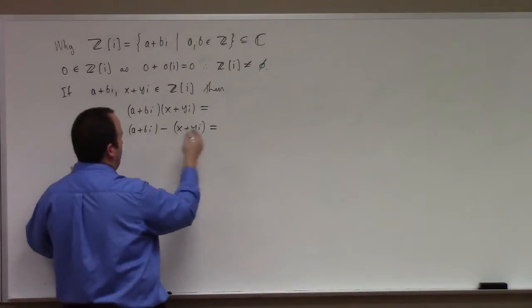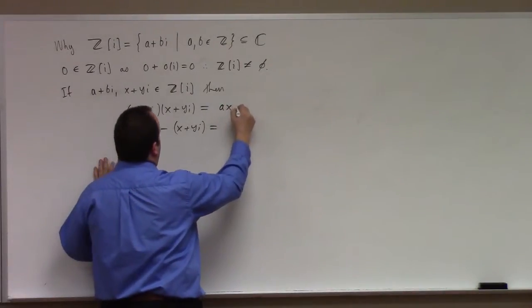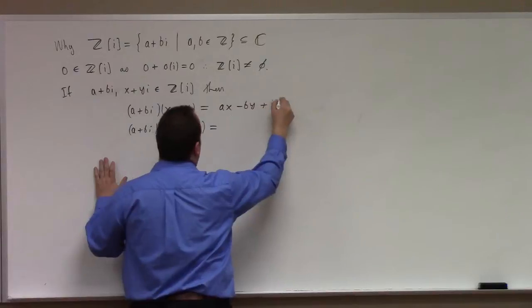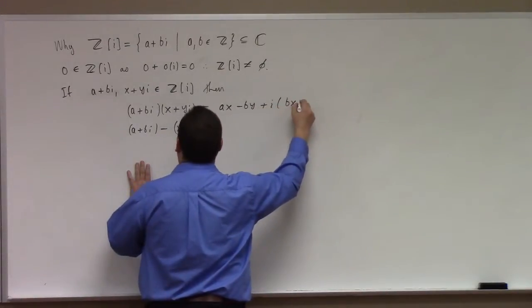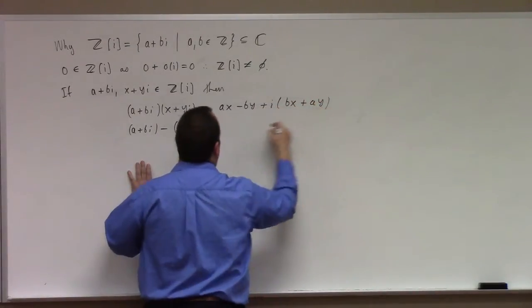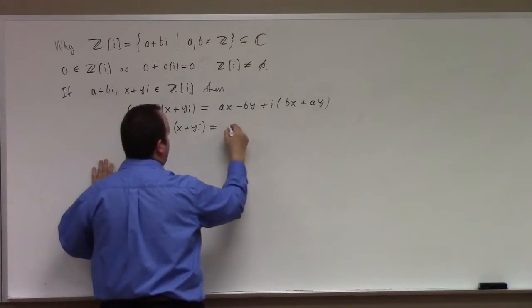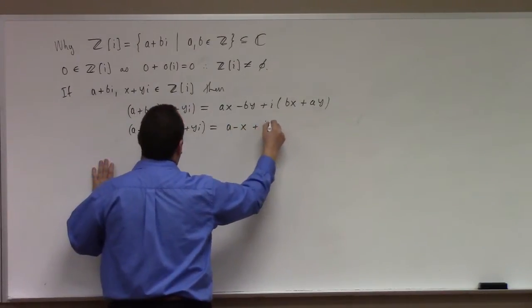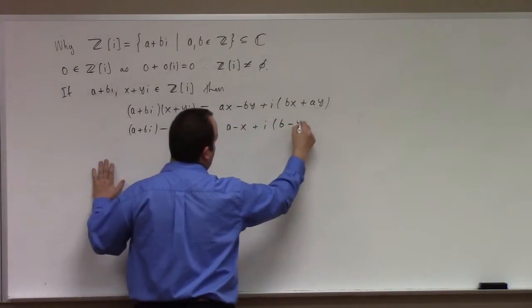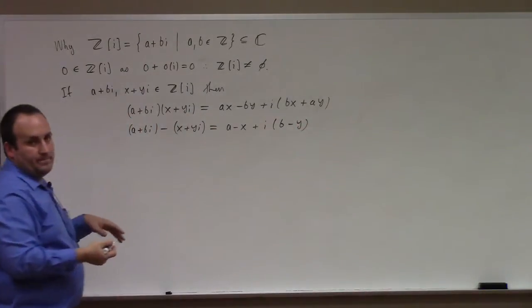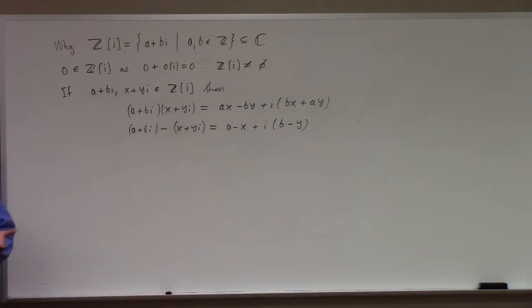Let's calculate. So we get ax minus by plus i times bx plus ay. Down here it's easier: a minus x plus i times b minus y. But look at those.